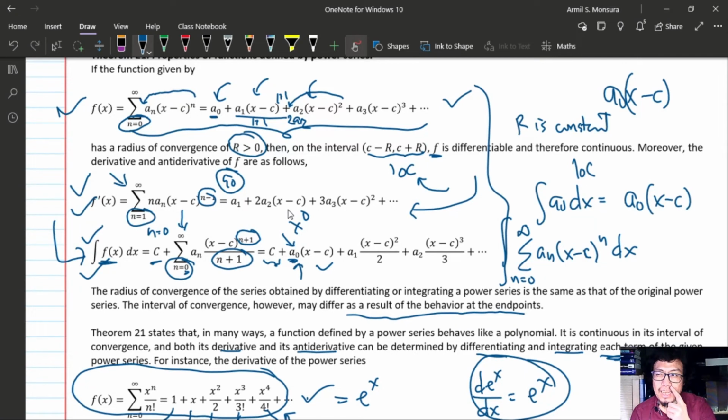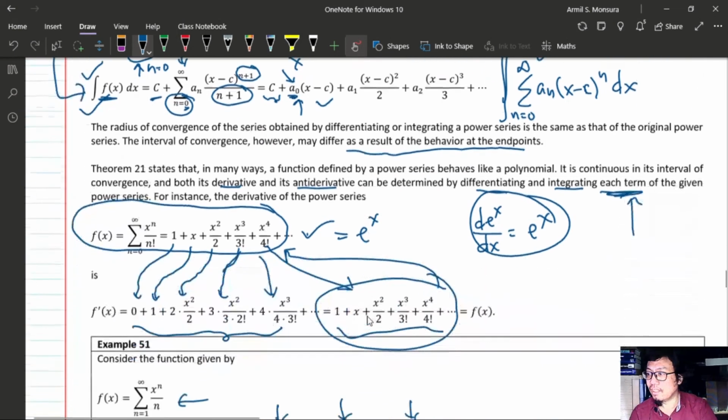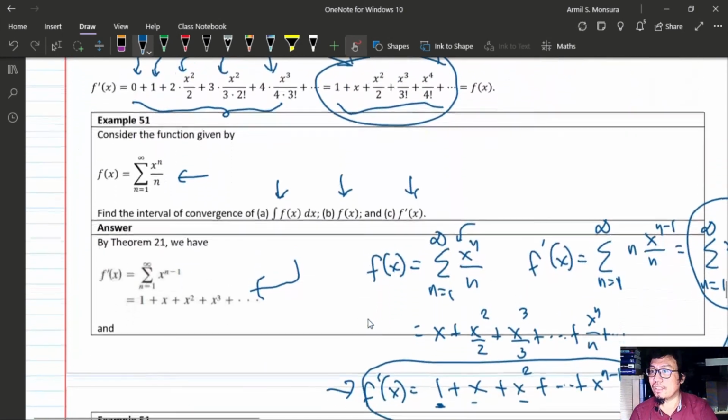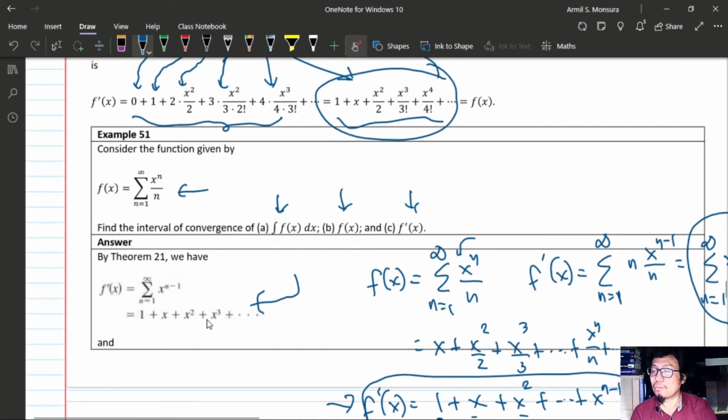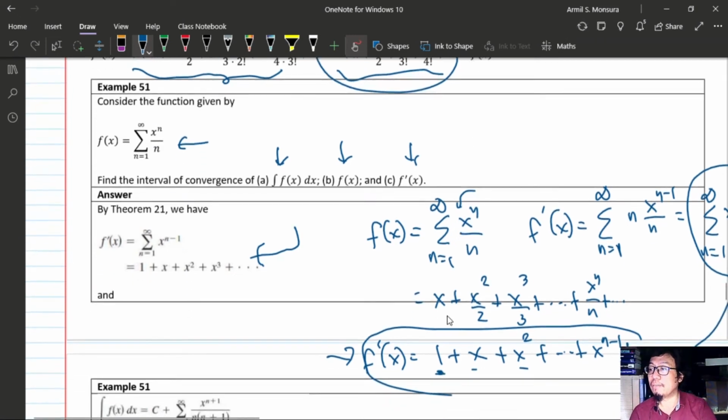And that actually is because you have an A0 here. And since that A0 already disappeared when you actually take the derivative, that is where you change the limit. Here, what happened is that at the start, your series at the start does not have a constant.